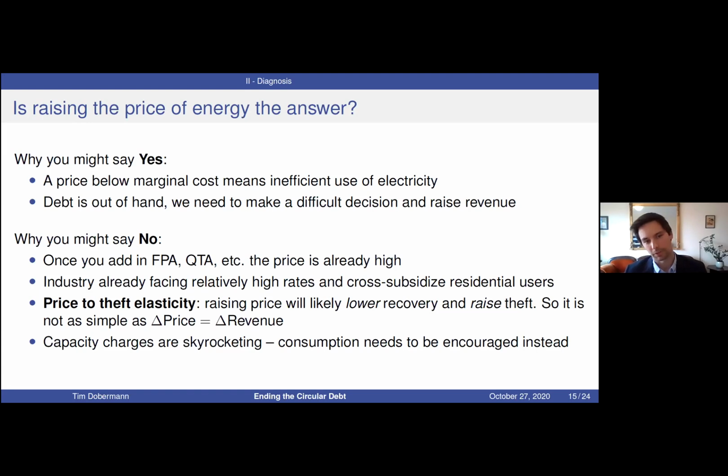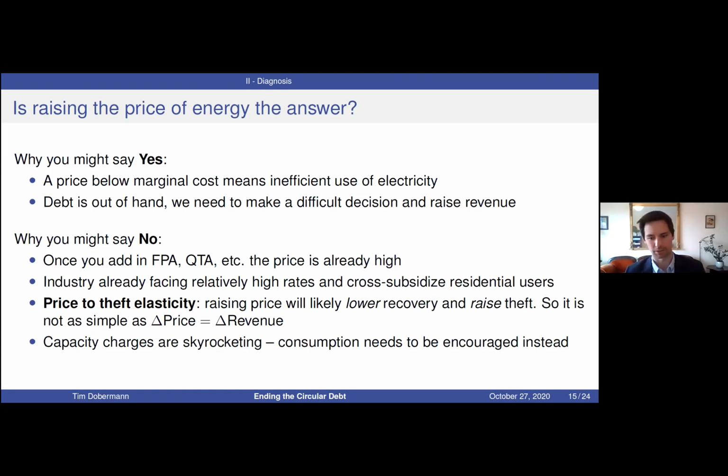Another aspect to think about, which I think is quite relevant in this context, where there's not much evidence even internationally, is what happens to this dynamic of repayment and theft. So traditionally, economists think about raising prices and thinking about the price elasticity of demand and what that means for revenue. Imagine a very classic income tax question of what income tax rate do I set in order to maximize the revenue?